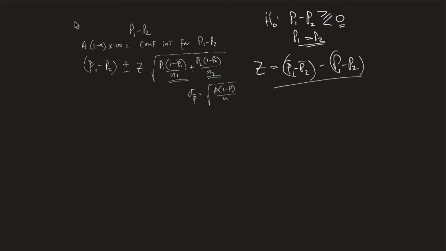And then in the denominator, we need the standard error, which would be the square root of P1 times 1 minus P1 over N1 plus P2 times 1 minus P2 over N2. But we have a problem. Our problem is that we don't know P1 and P2. All we know is that they're equal and the difference is 0. So since we don't know P1 and P2, what should we do?